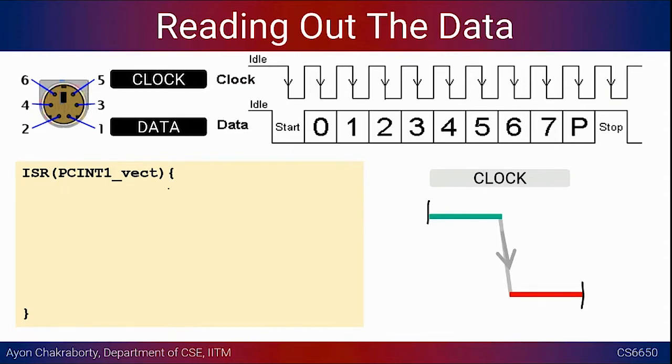PCINT1 is the corresponding interrupt service routine that will be triggered if the pin change happens in port C. If it was port B, it would be PCINT0. So we will declare a variable to store the value of the character. If it is a byte, you can also use a byte. I did not pay much attention to those details.